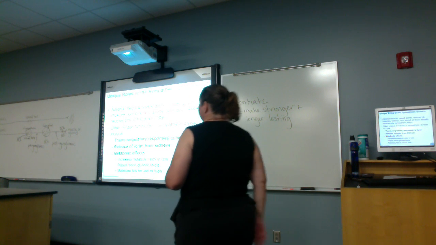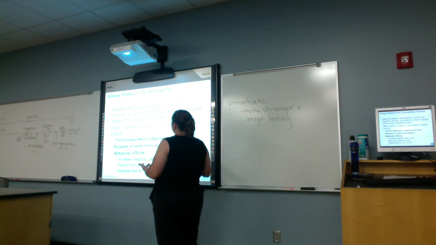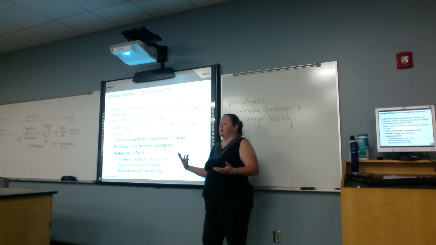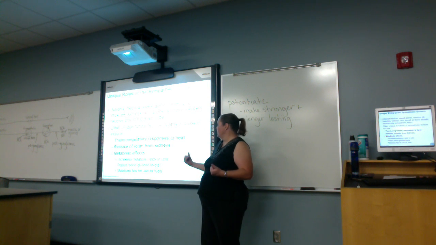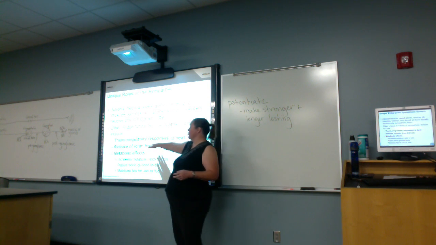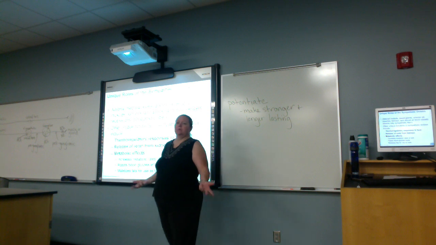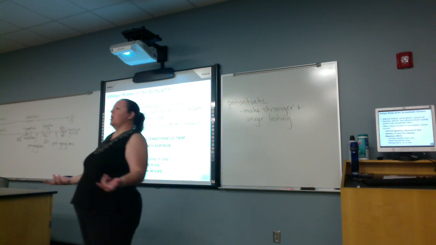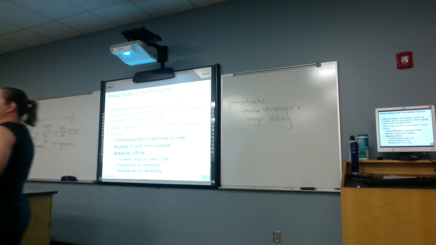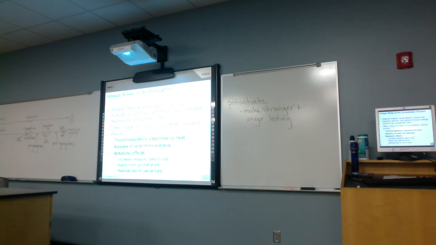The big one is going to be to control the blood vessels. So thermoregulatory. When we're hot, which, okay, we're not in this frigid little classroom, but why would we sweat? Okay, to cool ourselves down.